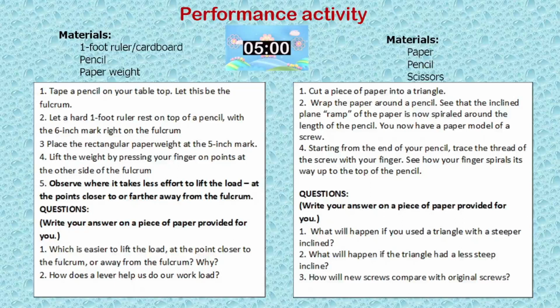Lift the weight by pressing your finger on points at the side of the fulcrum. And number 5. Observe whether it takes less effort to lift the load at the points closer to or farther away from the fulcrum.